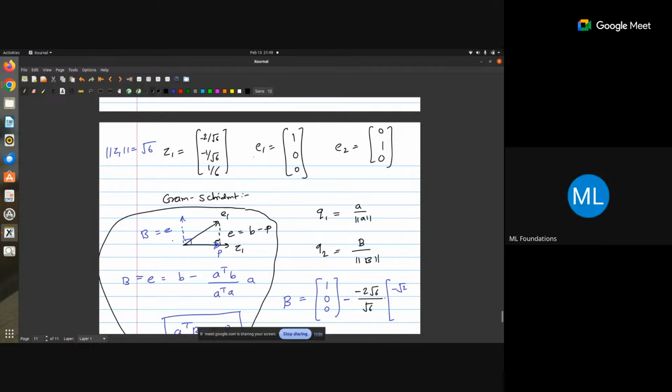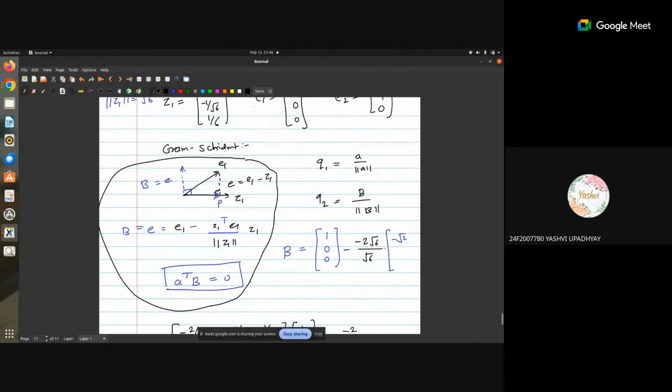Now this will be E1 minus Z1 transpose E1 divided by Z1 transpose Z1, times Z1. So basically, the denominator is the norm of Z1 squared, times Z1, right? Yes.